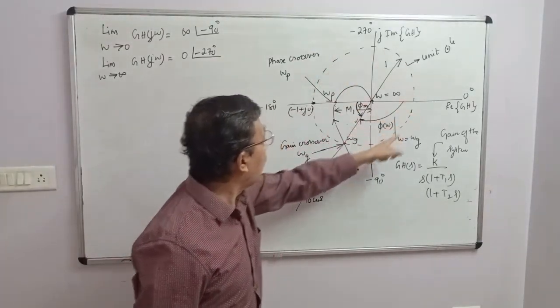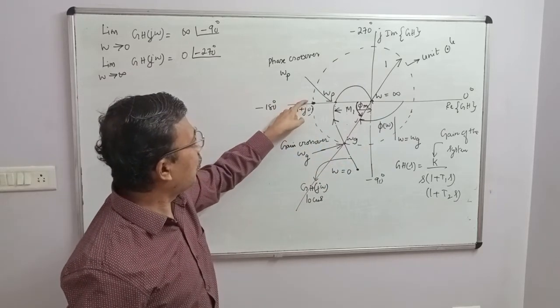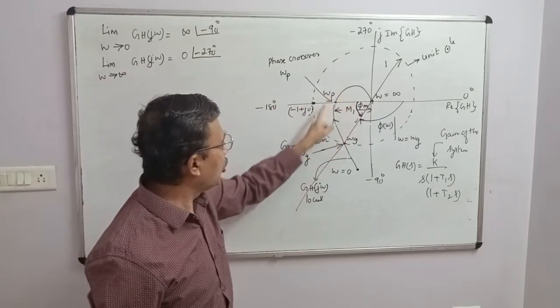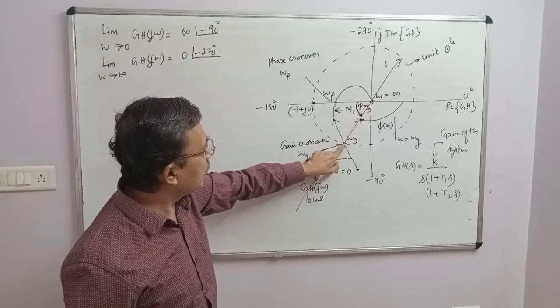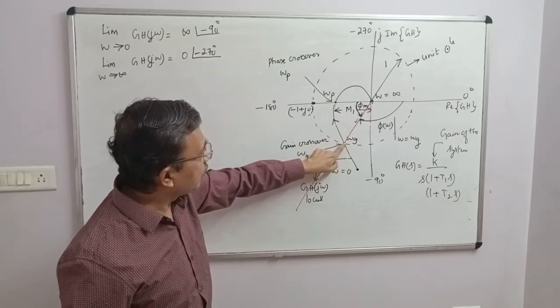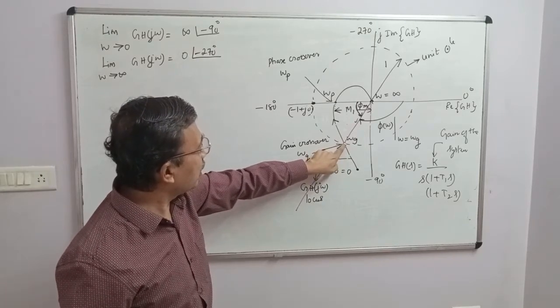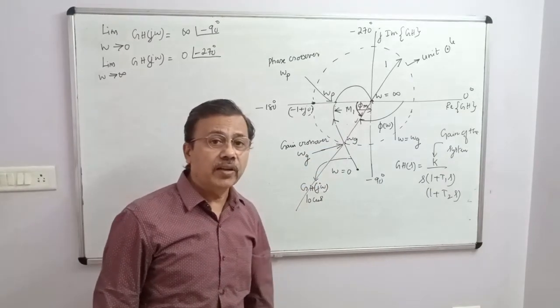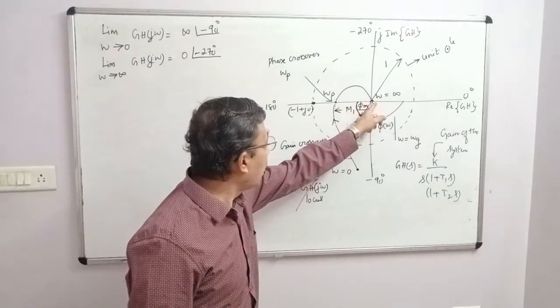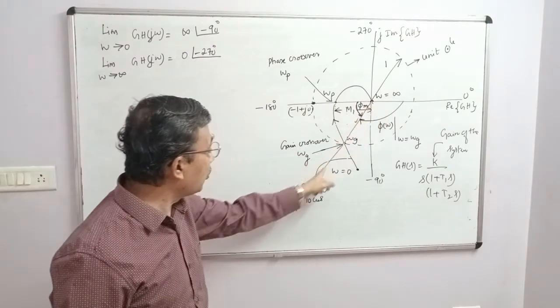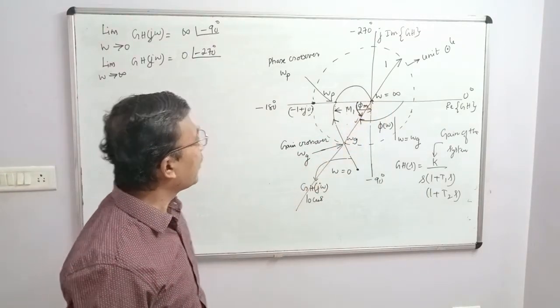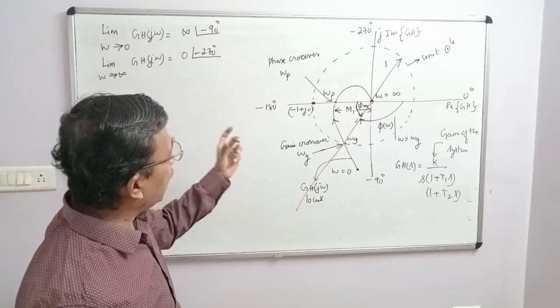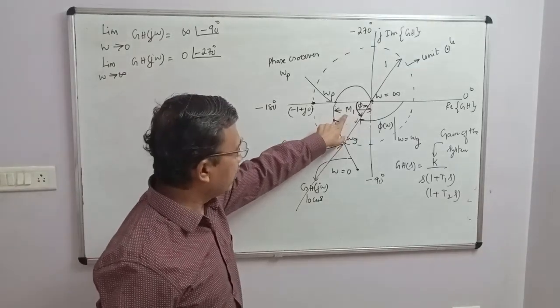The unit circle passes through minus 1 plus j0 point and intersects GH of j omega locus at this location. This location is called gain crossover, and the corresponding frequency is called gain crossover frequency. I have drawn a straight line passing through that intersection point. So now gain margin is 1 by m1.